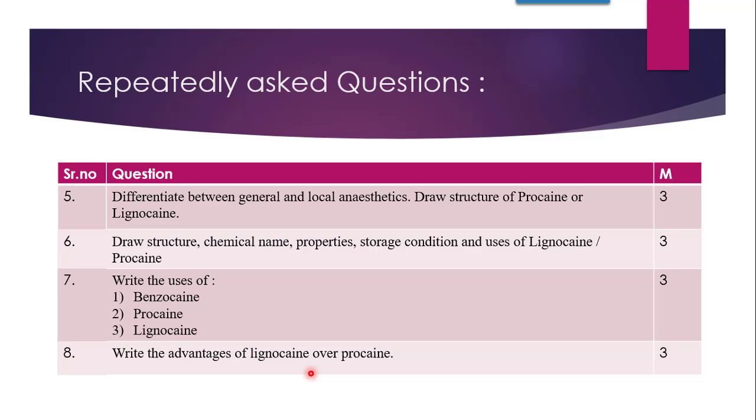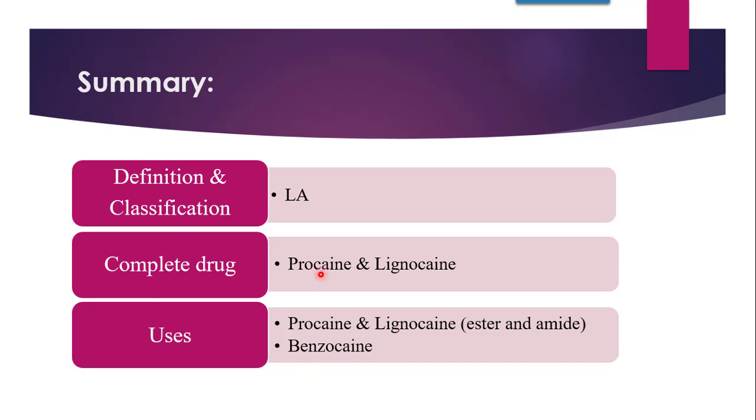Now to summarize, the basic questions which we observe in all the chapters are the definition and classification. Only a few exceptional chapters, such as antifungal drugs and antimycobacterial agents, have classifications that are very rarely asked in the examination. So the definition and classification of local anesthetics are very important.